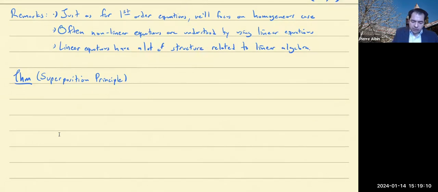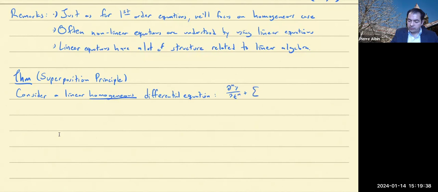Okay, so consider a linear, importantly, homogeneous differential equation, right? Say the nth derivative of y with respect to t plus some lower order terms, the sum of ak of t times the kth derivative of y with respect to t, equal to 0.